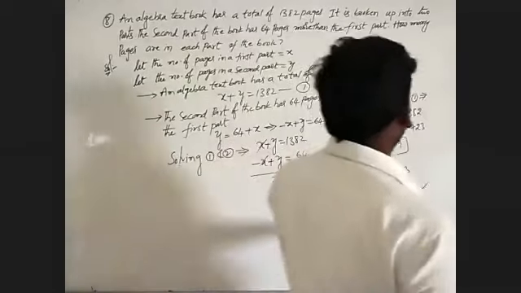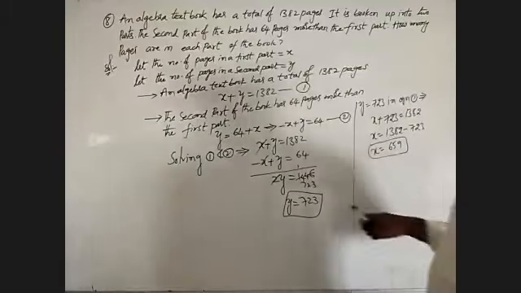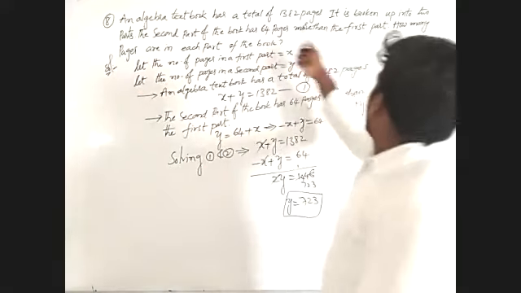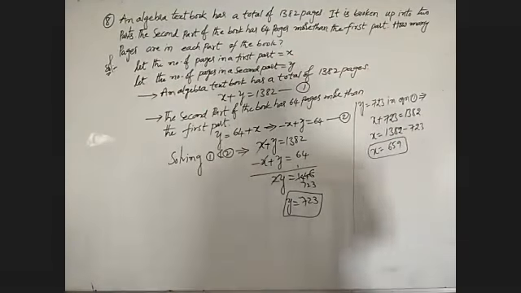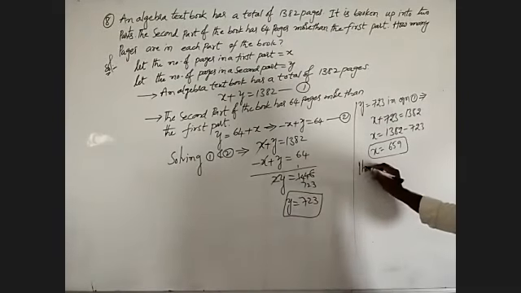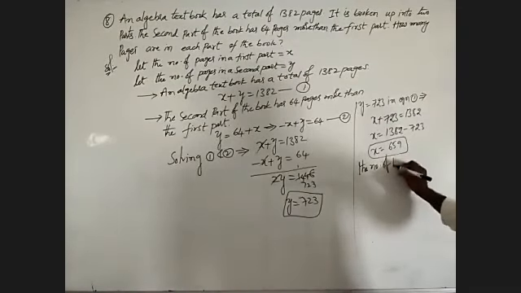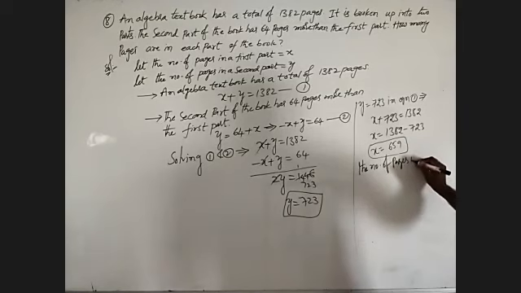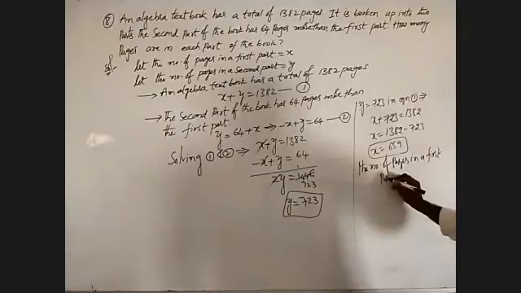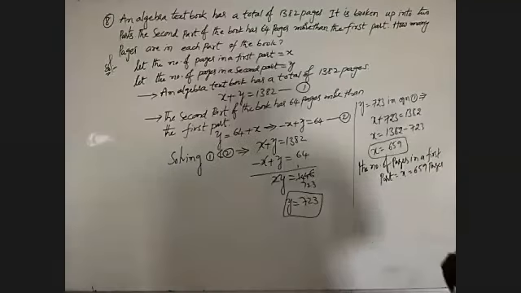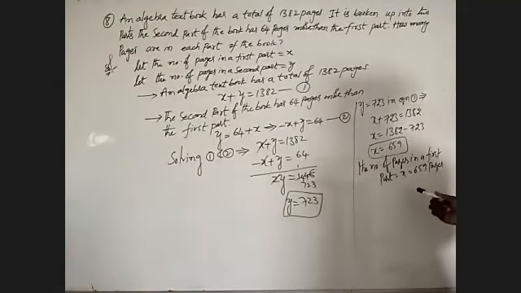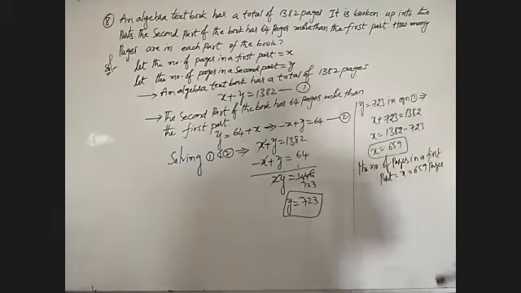Here, what do I have to find out in this problem? How many pages are in each part of the book? First, I will take the number of pages in the first part. First part we take x, and x is 659 pages. That means the first part of the algebra book is 659 pages.